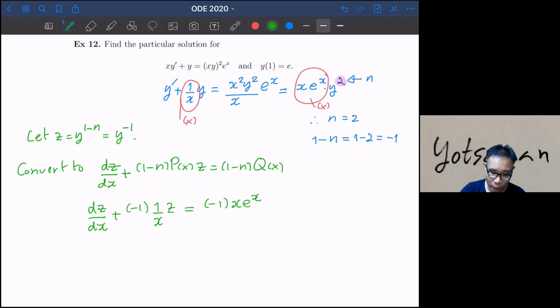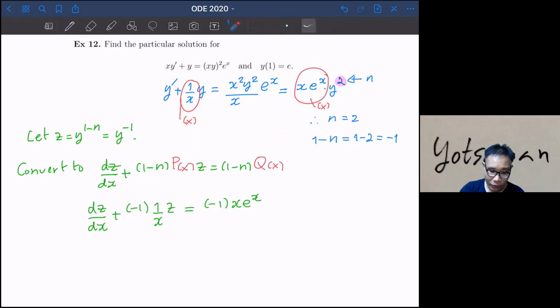So let me just have P(x) and Q(x) in red so you see pretty clearly what you are doing. You're basically going to plug this down, plug this down.